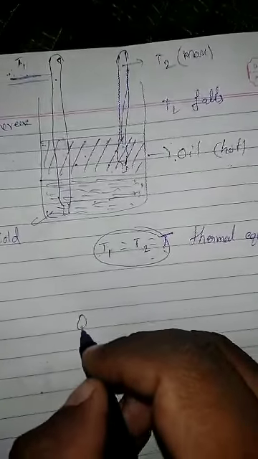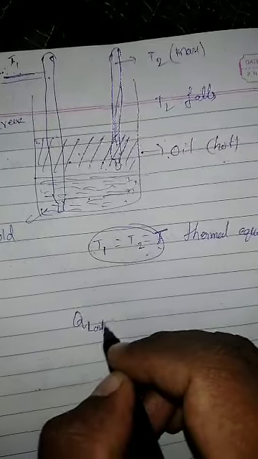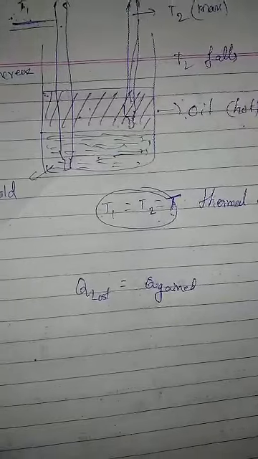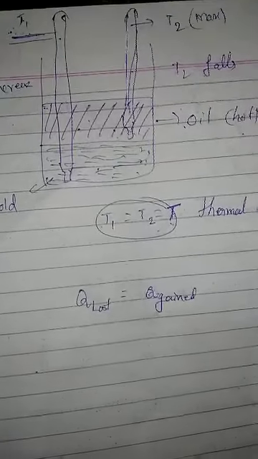How can it be done? From the laws of calorimetry, we know heat lost by a body is equal to heat gained. Who is losing heat here?